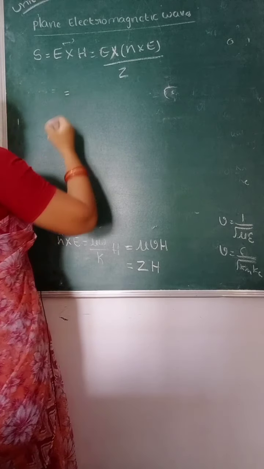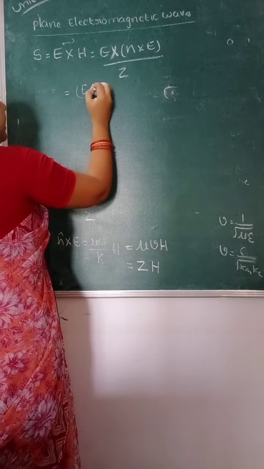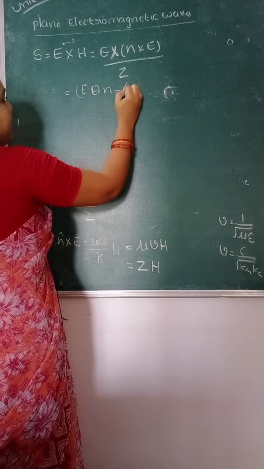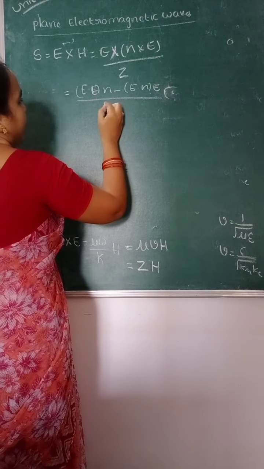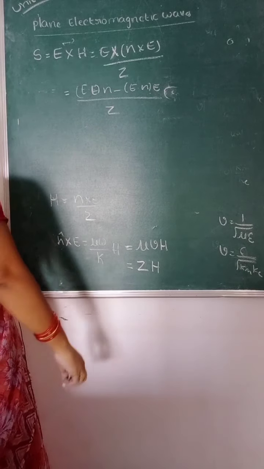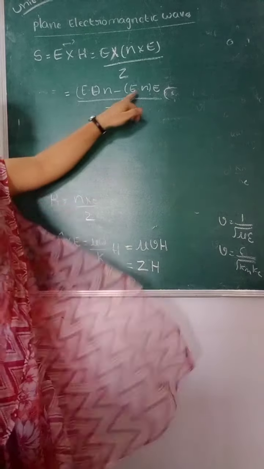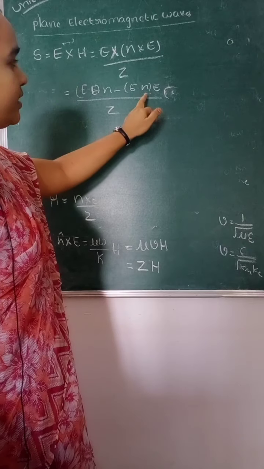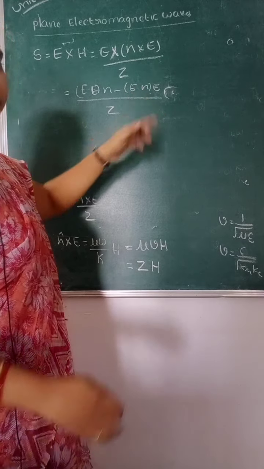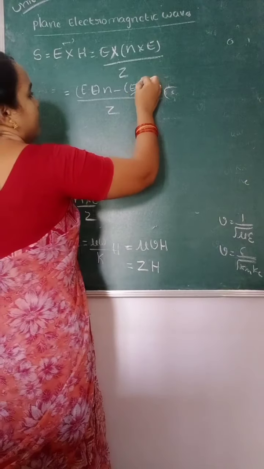A cross B cross C is A dot C into B, so E dot E into N minus E dot N into E, divided by Z. Since N is the unit vector along the propagation of the electromagnetic wave, and E and K are perpendicular, then E and N are also perpendicular, so this value becomes 0.